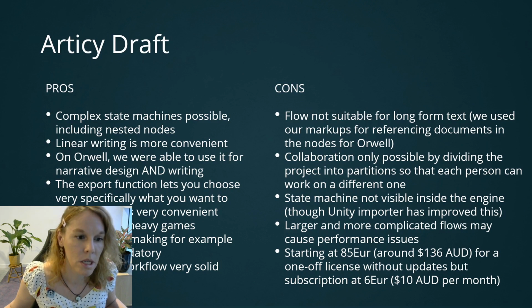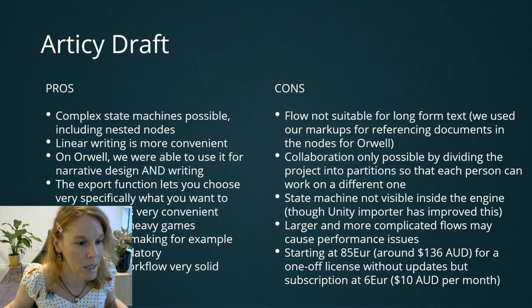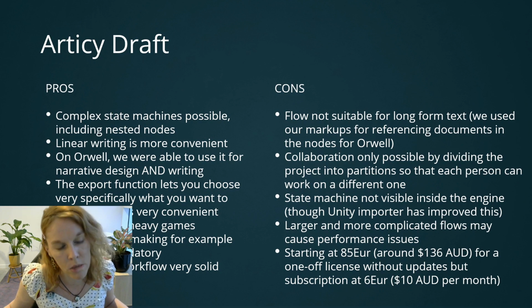Yeah, so it is good for text-heavy games, like Orwell is a text-heavy game, and we use it for that. Then you have debugging functions like making IDs mandatory, so Articy will fuss at you if you forget to put in an ID. In our case, we had these data chunks that had mandatory IDs so that we could figure out which data chunk it is.